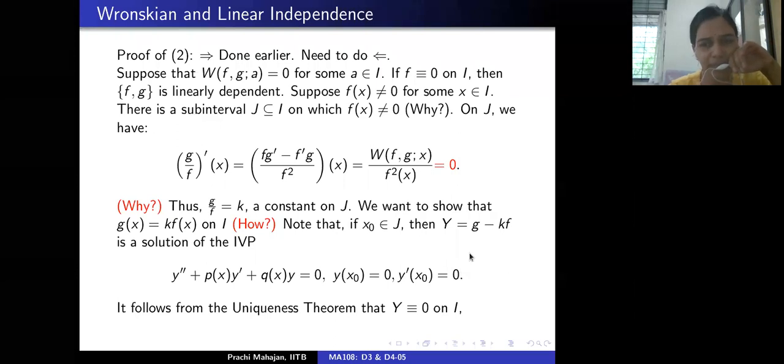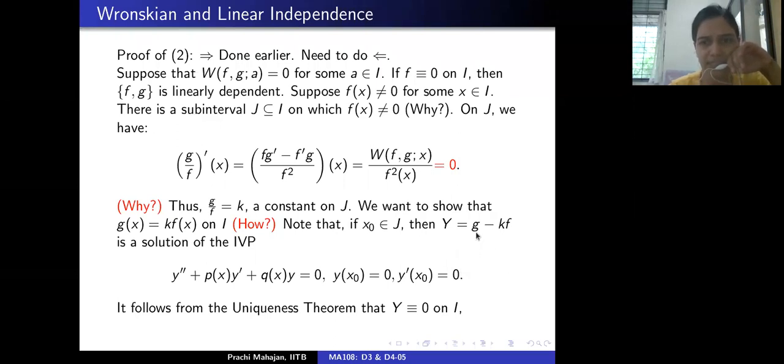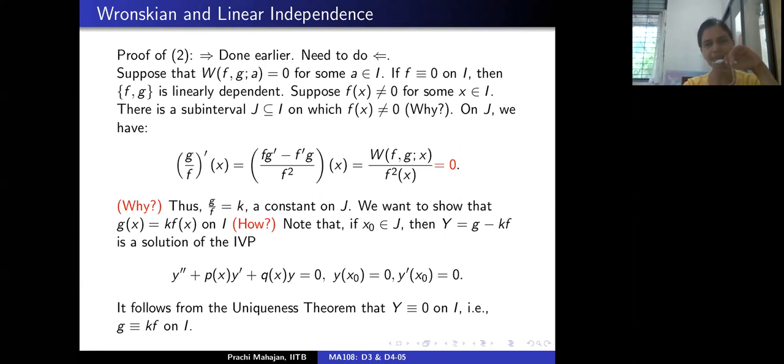On the other hand, I will make this observation: if I consider this function g minus k f on the interval I, see, g is equal to k f only on J, but I can still talk about this function g minus k f on the interval I. That satisfies this initial value problem on the interval I, and hence the uniqueness of the solution of this initial value problem forces that y must be identically 0 on the interval I, which is exactly saying that g is k times f on the interval I. So this is saying that g and f are linearly dependent on the interval I.